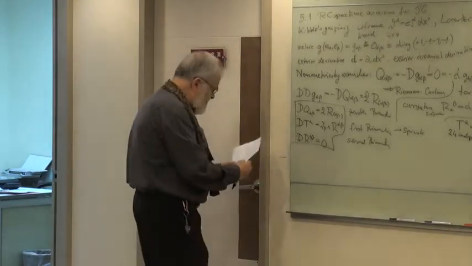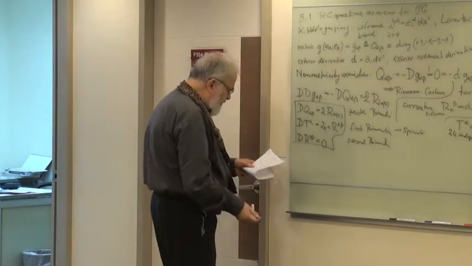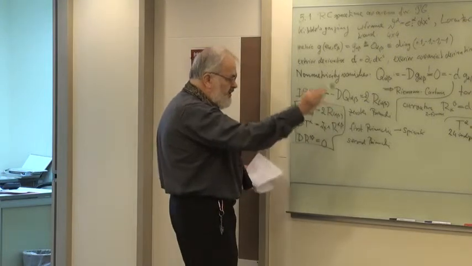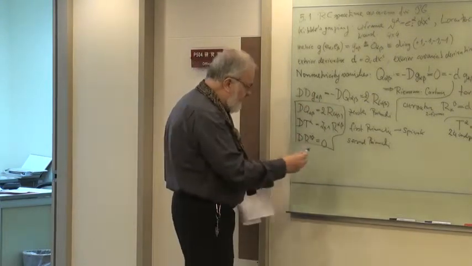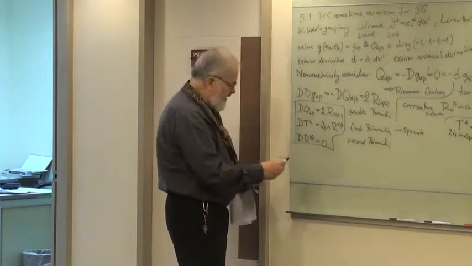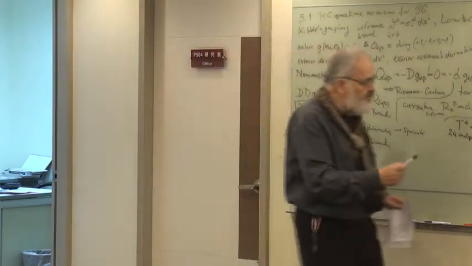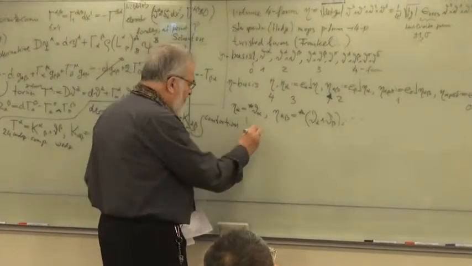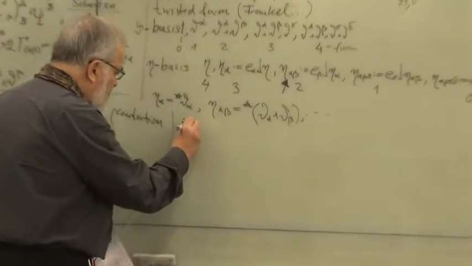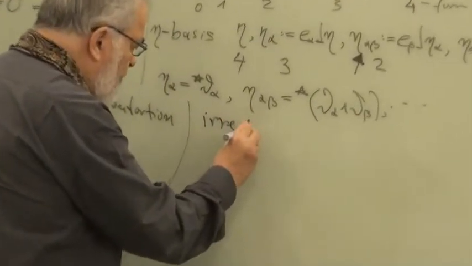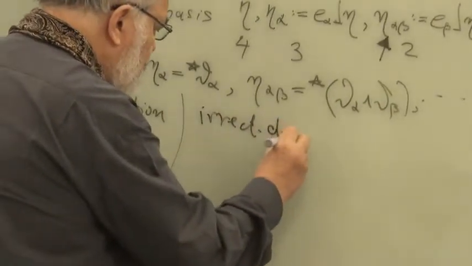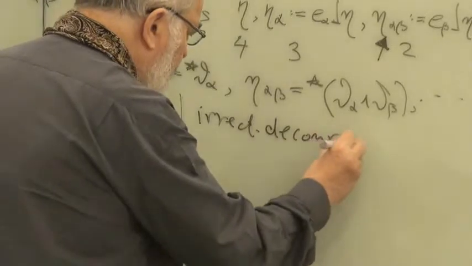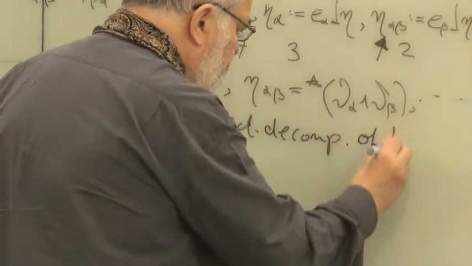So what I'm just shortly mentioning is that we can now decompose torsion and curvature, which are the field strengths and which we need to understand, irreducibly into different components. And for the torsion, the irreducible decomposition under the Lorentz group, decomposition of torsion.